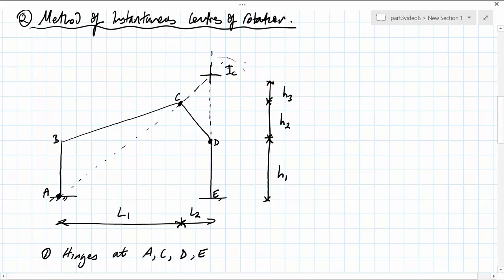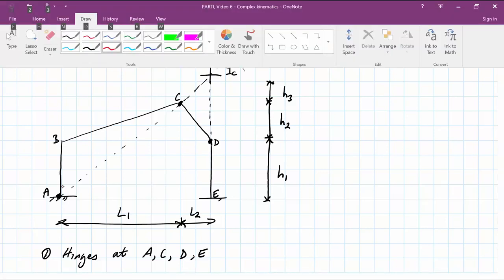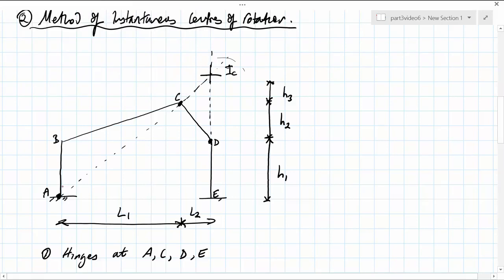In order to show this motion, we will track this deformation using red lines. Firstly, we move the rigid body through the angle theta. And similarly, at this location.